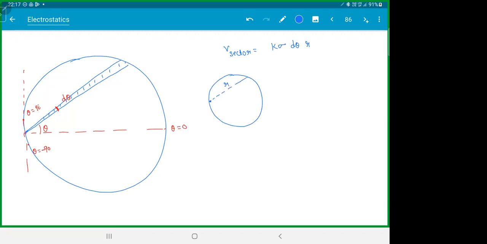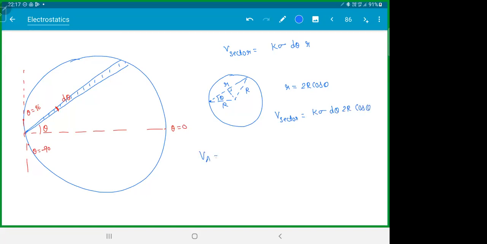This is capital R, and this is capital R, and this is theta. If you drop a perpendicular like this, we get small r will be 2R cos theta. That's the relation. So the potential due to the sector will be k sigma d theta 2R cos theta.